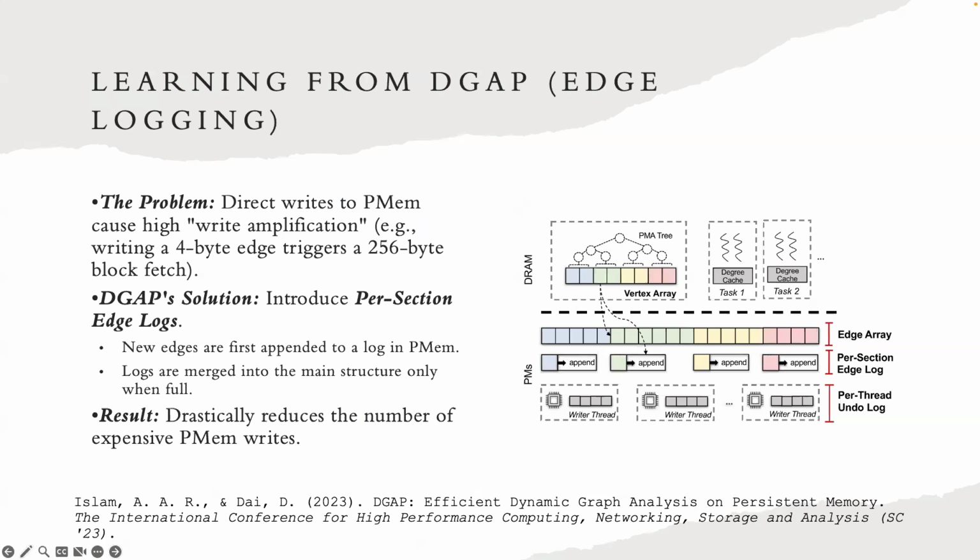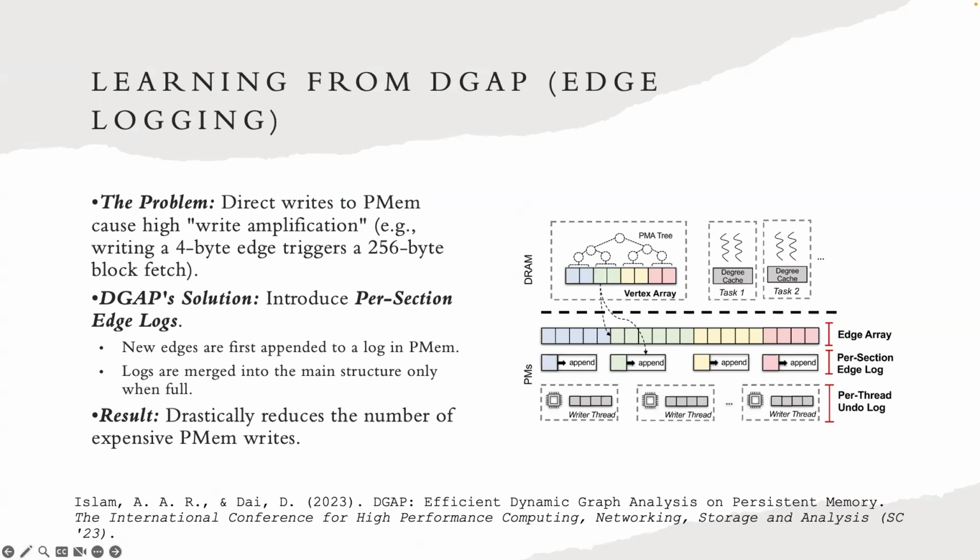So first, we checked the DGAP paper, which is by far one of the most interesting ones. DGAP is a framework which allows graphs to use the PM, and it has an interesting take on solving the PM problems.